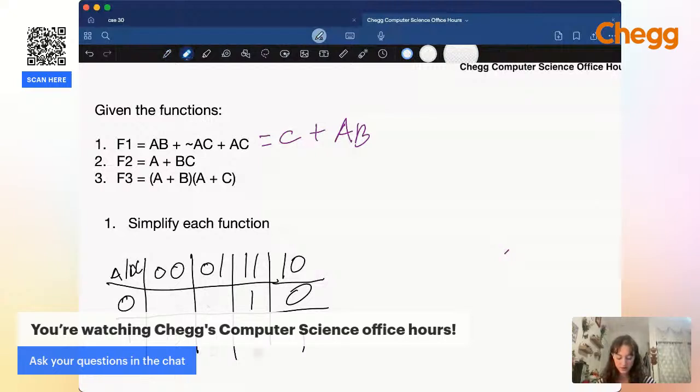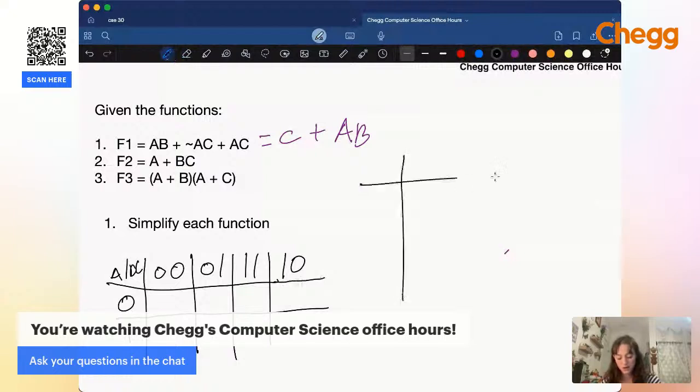Okay, I'm gonna erase this though, so we can move on to F2. All right, and make a new table. Okay, this function is A or BC.